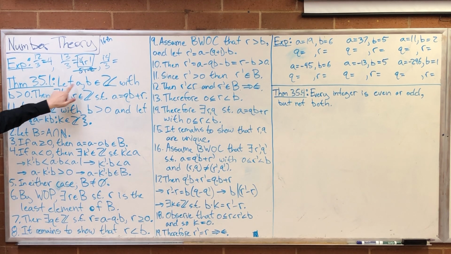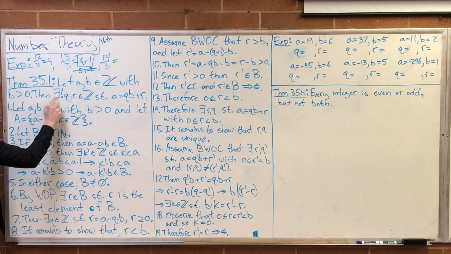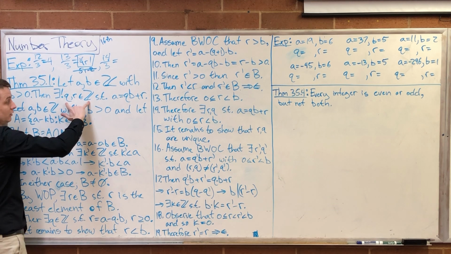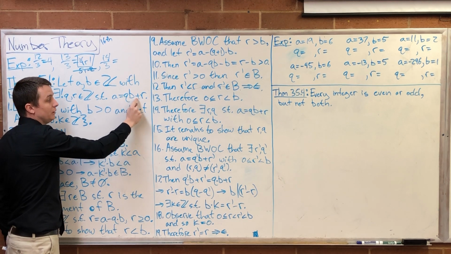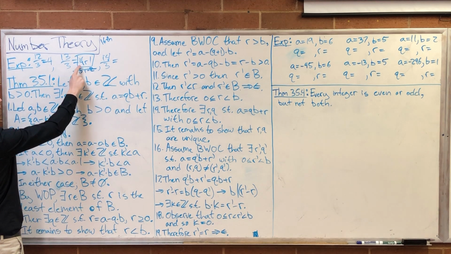Okay. So let a and b be integers with b greater than 0. So we're going to talk about always dividing by a positive number. We're not going to talk about dividing by a negative number. a is going to be our numerator. We don't care what that is. But b is going to be our denominator. We're always going to divide by a positive number. Then there exist unique integers, q and r, such that a is equal to qb plus r. r is a remainder. q is the quotient.